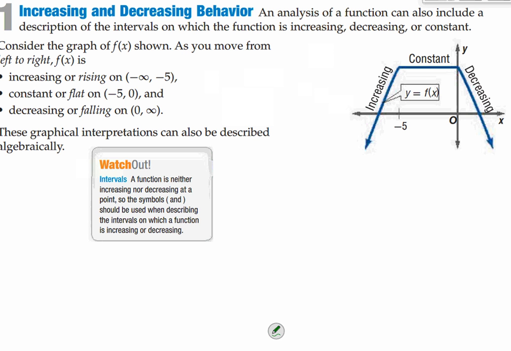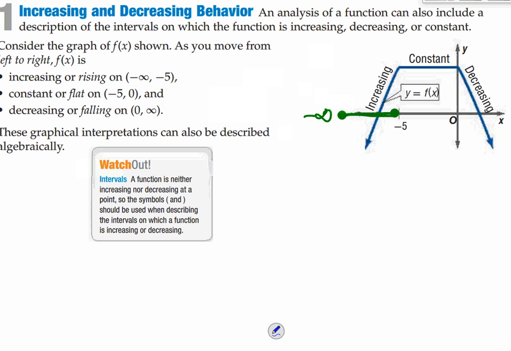So if I'm walking along the x-axis here, do you agree that I'm looking down, but it's getting higher, higher, higher? I step on it, it's still getting higher. So from negative infinity to -5 on the x-axis, that graph is increasing. And again, we'll see these rules.